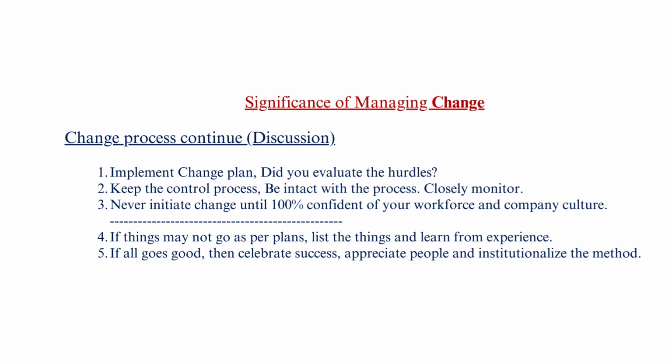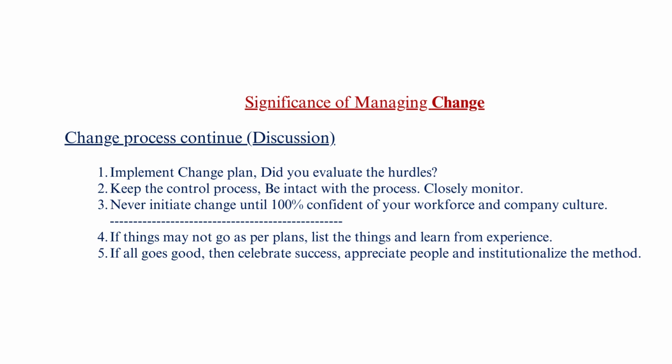in your company. And number second is very interesting: keep the control process, be intact with the process, closely monitor that. This is something that you have to control, preventive control and then concurrent control. You continue towards the corrective control. So you keep monitoring. If something in between is not working properly, you have to replace the tool quickly.